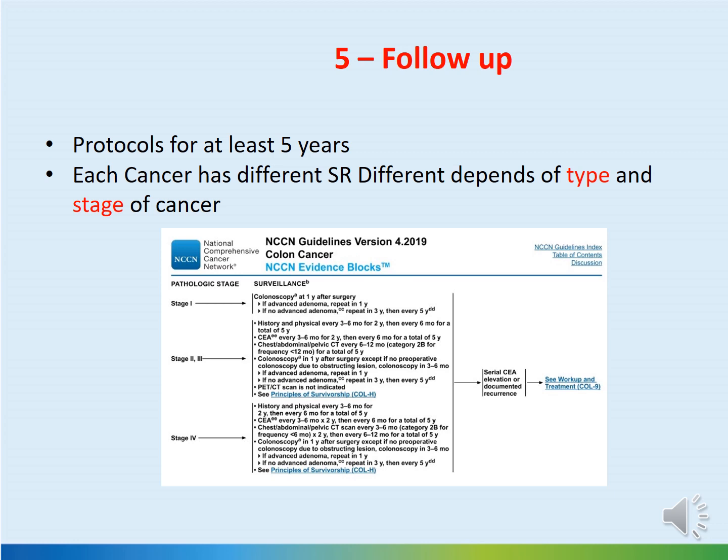So according to the stage and the type of surgery, we give the follow-up program to the patient. Maybe we have to follow him every 3 to 4 months, every 6 months, or maybe we ask to do some regular investigation every visit, or sometimes only clinical examination with some simple investigation.